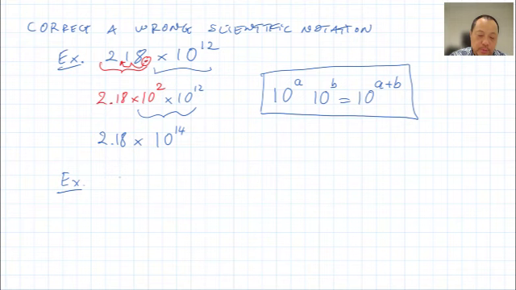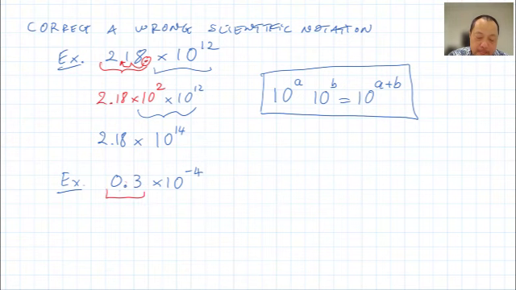Let's do another example. 0.3 times 10 to negative 4. What's wrong with that? Again, the digits here is supposed to start at 1 point something and up. It cannot be 0 point something. I do the same thing. I convert just the digits, just the coefficient, into the correct format.